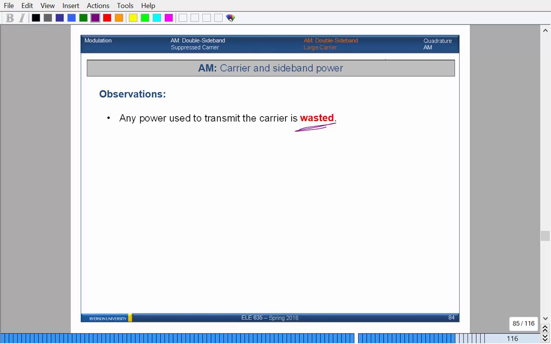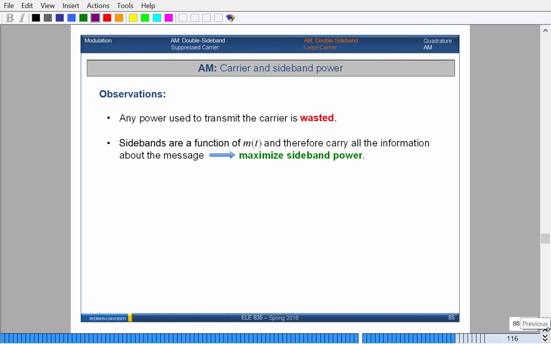The efficiency is quite small, and that's actually very bad, but AM is still a technology that's used very often. Okay, so the sidebands are a function of the message and carry all the information in the message. So what we want to do is maximize the sideband power. If you want to increase the efficiency, you have to make sure that the power contained in the message signal is as large as possible in order for the efficiency to be as high as possible. So that's what it means by maximizing the sideband power.